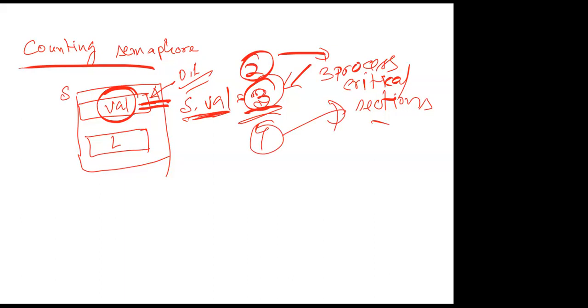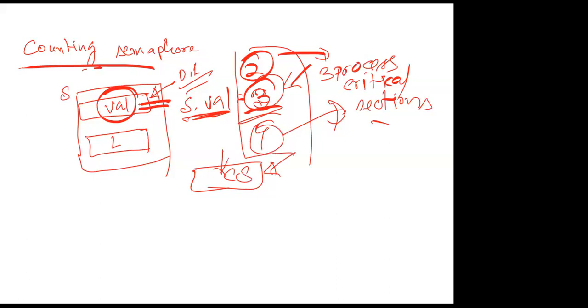Actually, it depends on the requirements. Binary semaphore is implemented in all operating systems nowadays, and it allows only one process in the critical section. But if your requirement is to allow more than one process inside the critical section, you can use the counting semaphore approach.